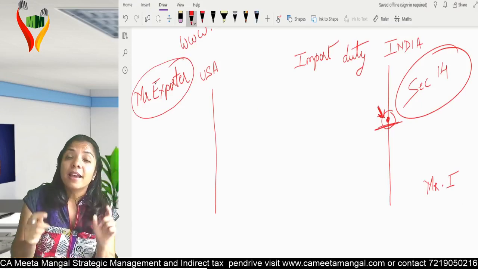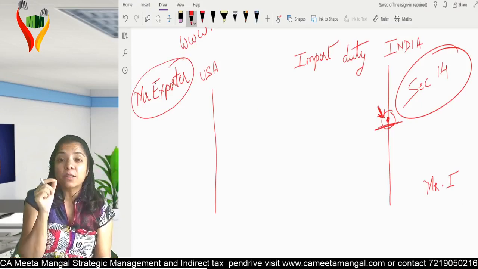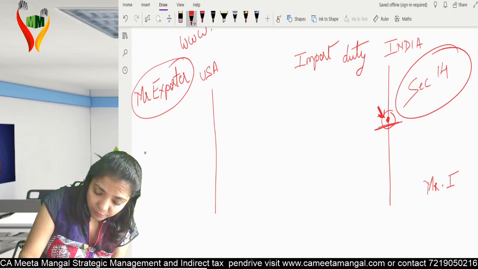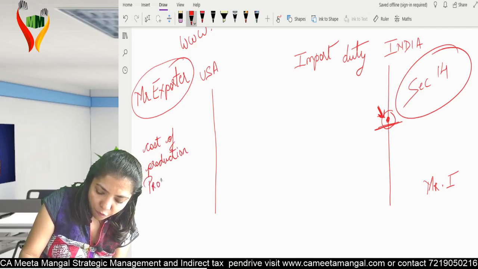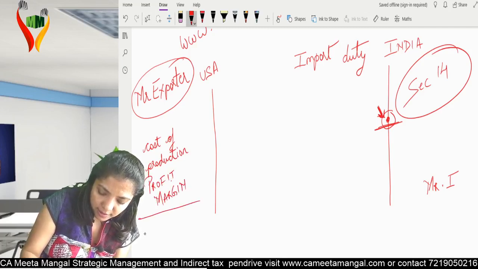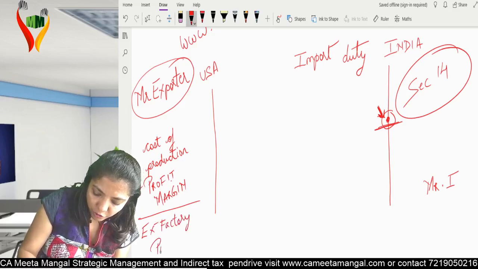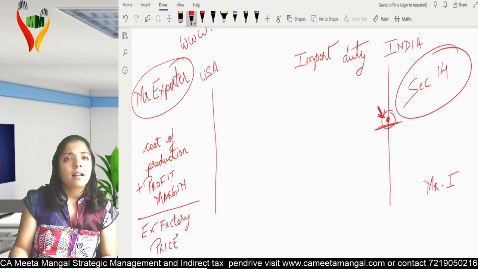So his cost of production plus his profit margin is the ex-factory price.